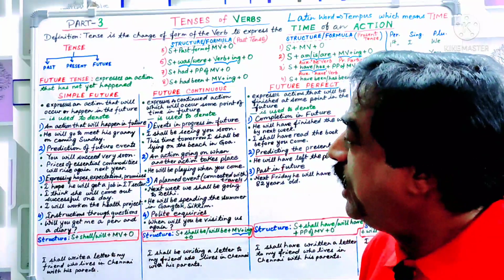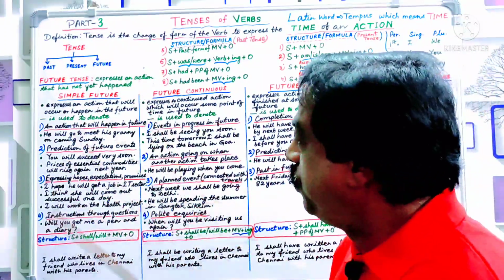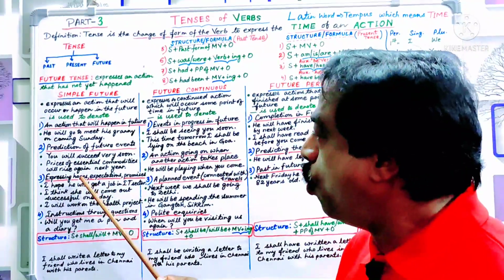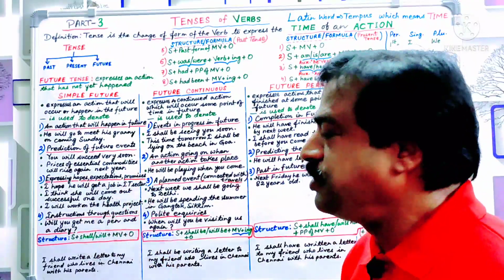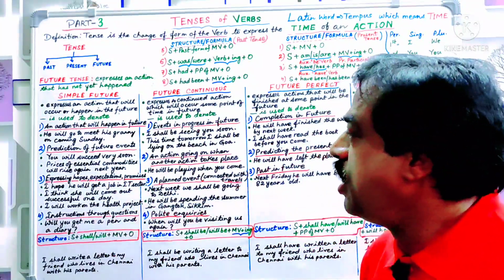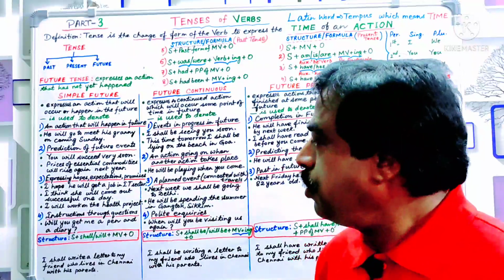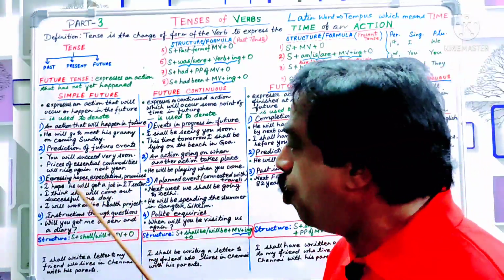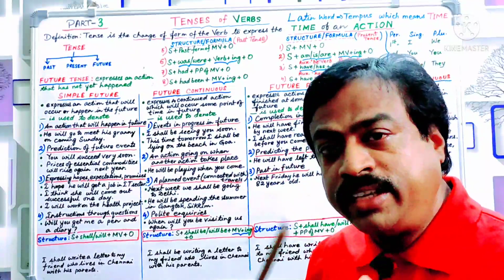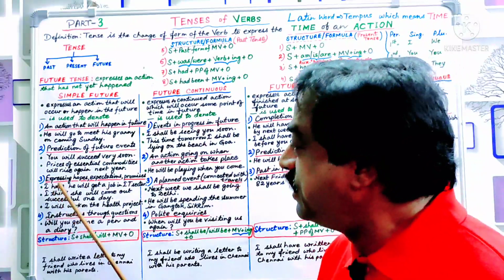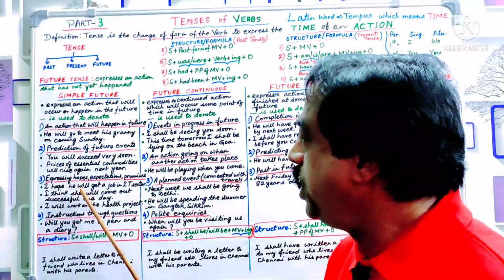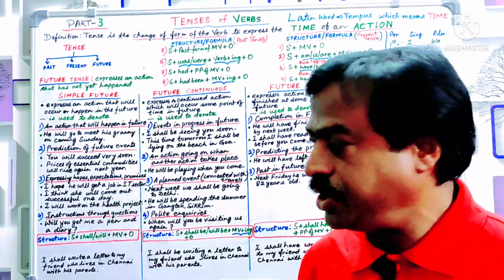Then we can use simple future to express hopes, expectations and promises. Here I have written three examples for you. Starting with hope: I hope you will get a job in IT sector.